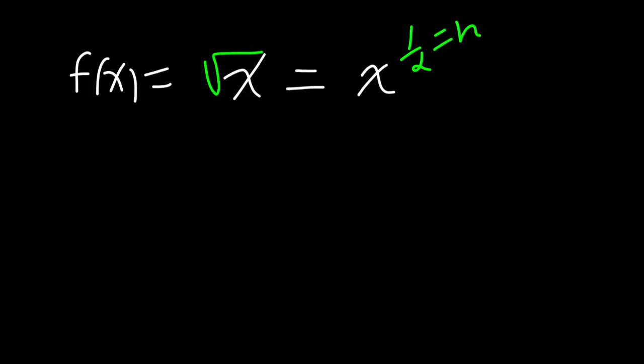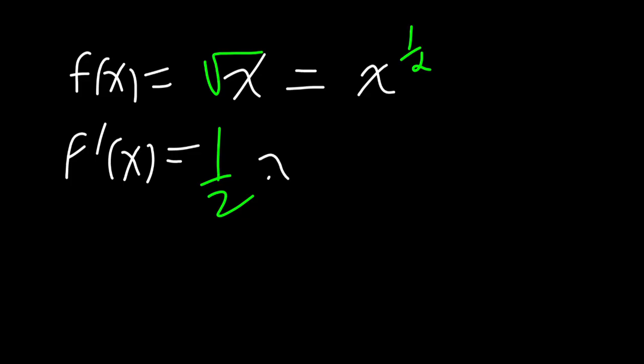Those are equal. So now we can apply our power rule. Right, this is our n. We're going to multiply our n to the front. f prime of x equals, bring it to the front, 1/2 x. Now our n minus 1, right? What's this going to be?